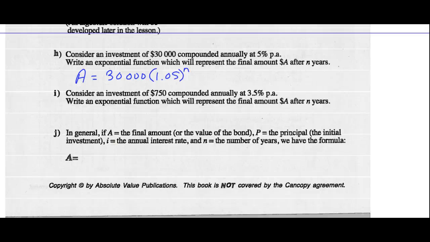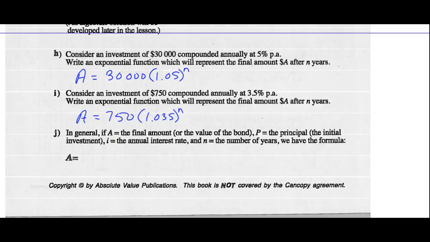Consider an investment of $750 compounded annually at 3.5%. Write that exponential function. So the amount would be an initial investment of $750 times 1 plus that interest rate as a real number, 0.035 to the exponent n.